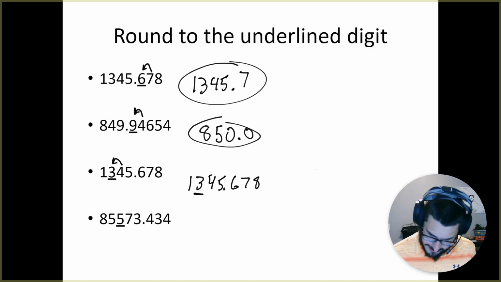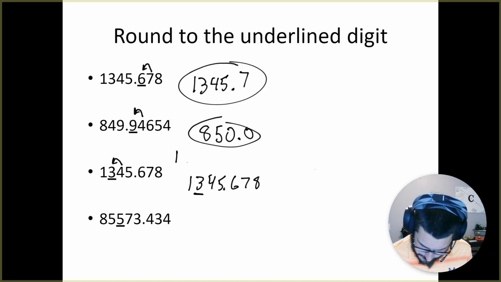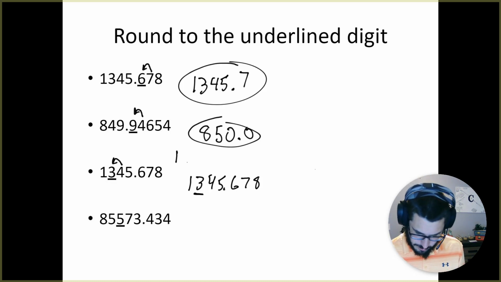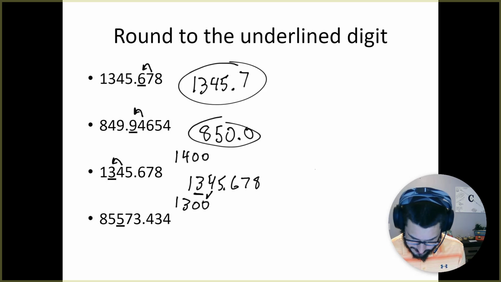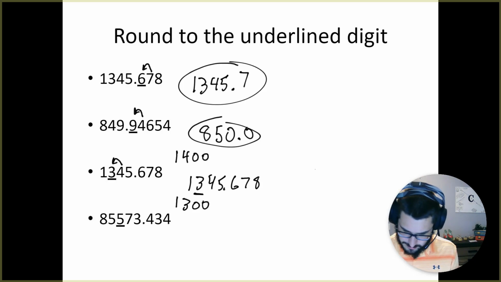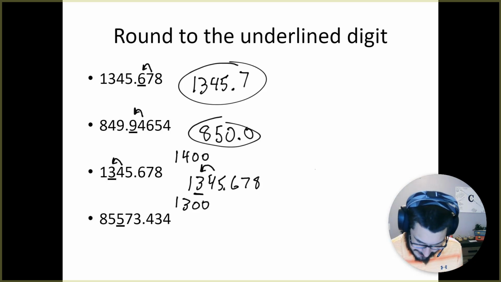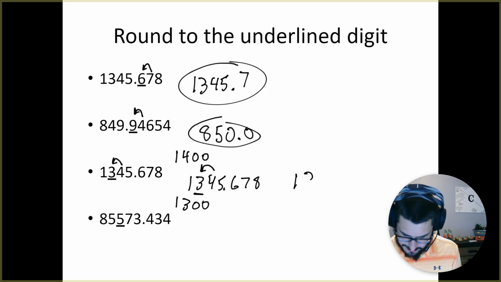So we've got to think about, is that closer to the 100 above it, which is 1,400, or is it closer to 1,300? And 1,340 is going to be closer to the 1,300. In other words, it's going to round down to 1,300.